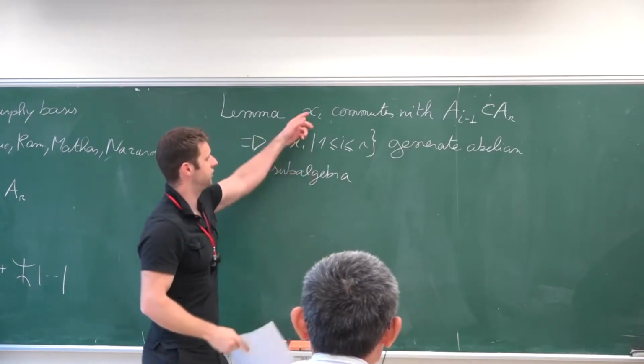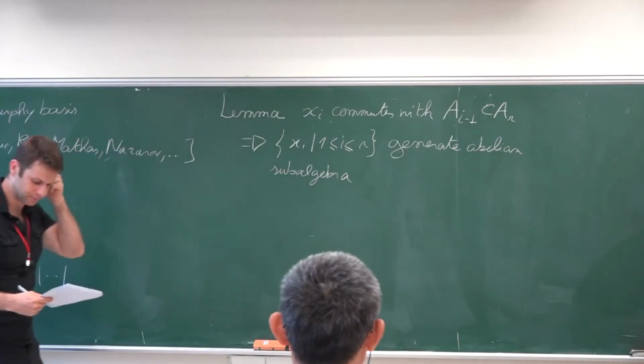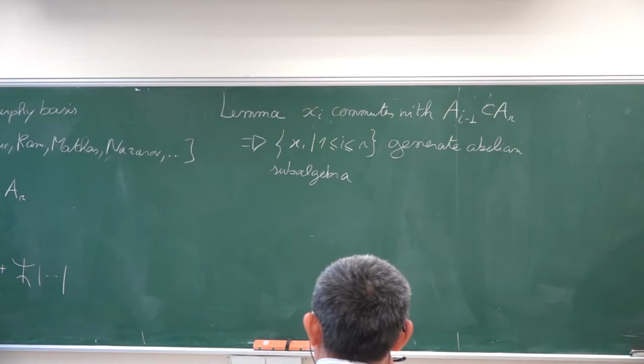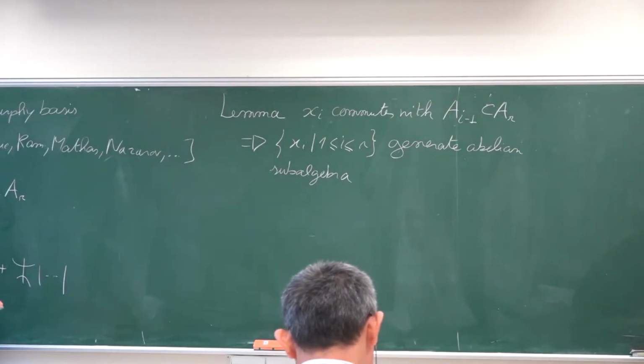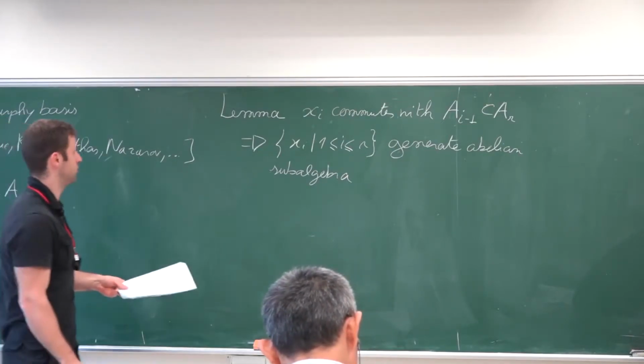Because there's a special case of this statement, xi commutes with x(i-1). So it's, of course, in general quite useful to have some big commuting algebra inside your bigger algebra when you want to compute decomposition multiplicities.